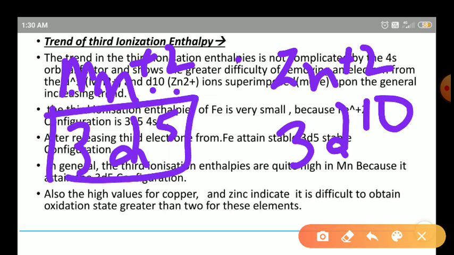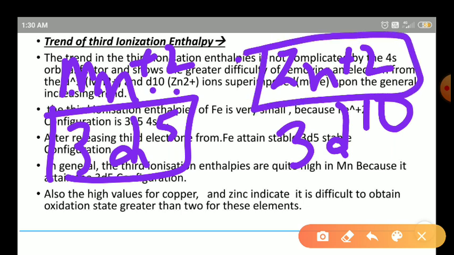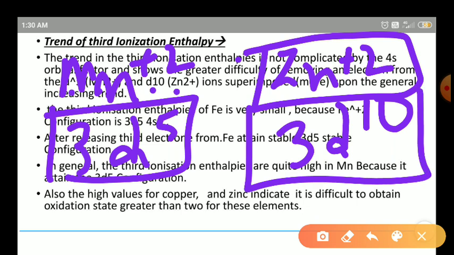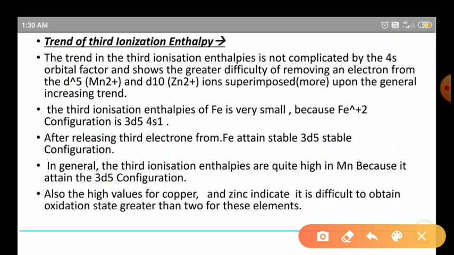Similarly, removal of the third electron from the zinc ion is very difficult because it completely attains the 3d10 configuration. Right, students? This is the last slide.